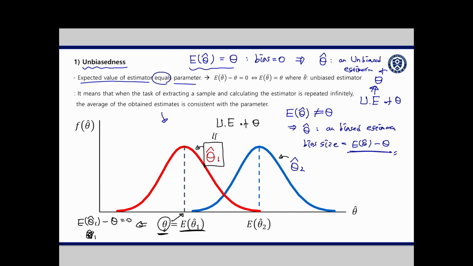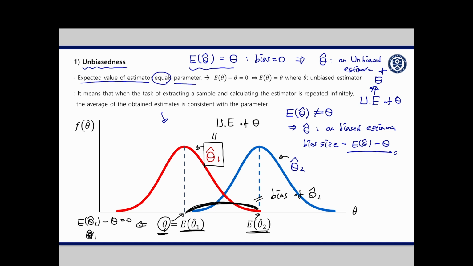On the other hand, since the expected value of theta hat 2 is here, the bias is about this distance. This distance equals the bias of theta hat 2.